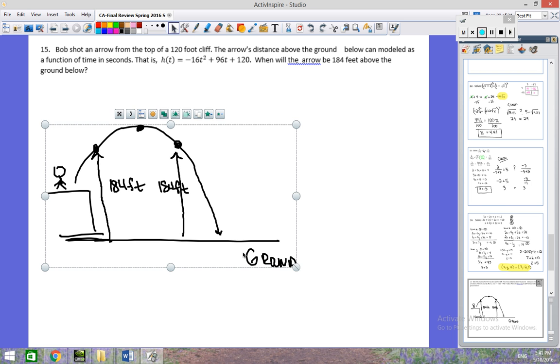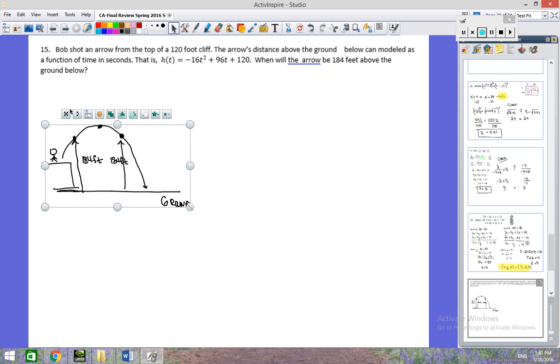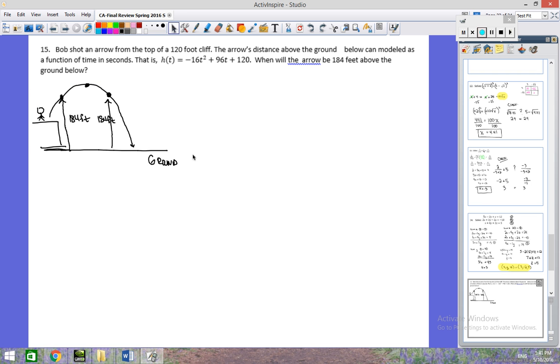So the picture was just simply to try to understand the problem a little bit better. And basically what we determined is what goes up must come down. The left-hand side is the height, the 184. The right-hand side, negative 16t squared plus 96t plus 120. We need to solve this quadratic equation.